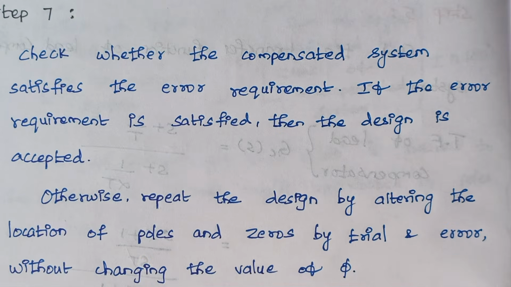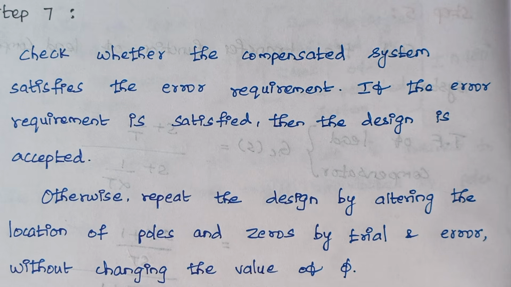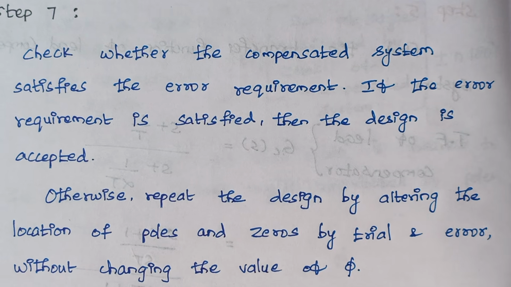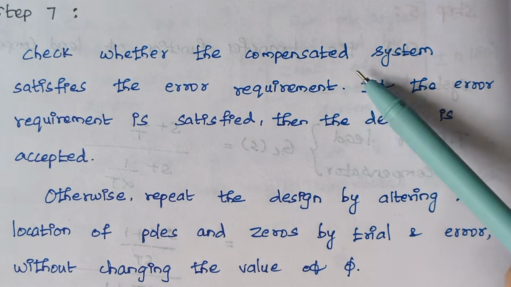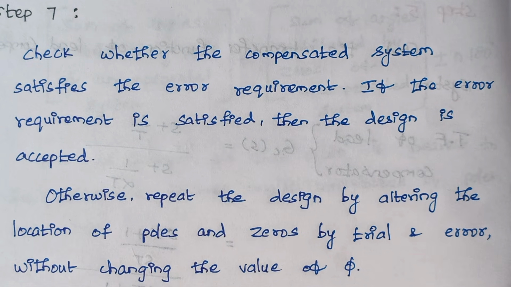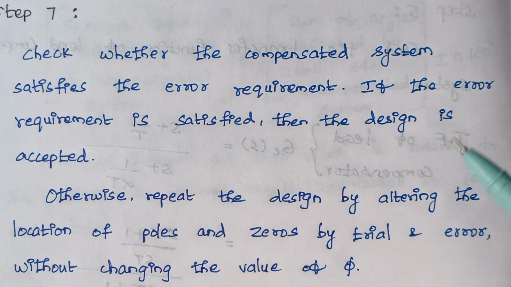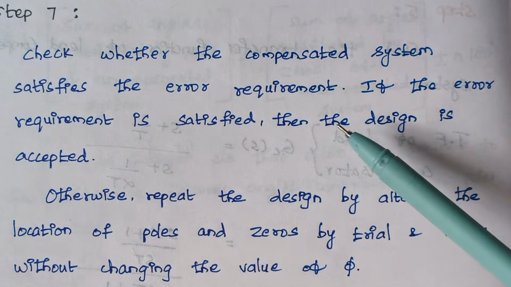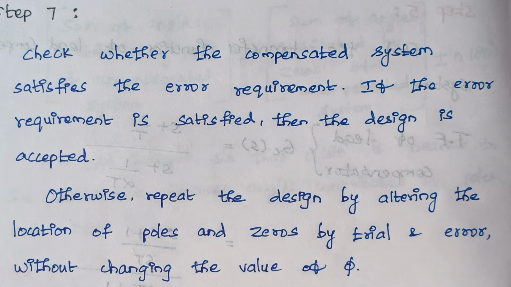After finding the value of K, the next step is to check whether the system satisfies the error requirement. This error requirement will be given in the problem. We have to check whether the compensated system meets the error requirement. If the error requirement is satisfied, then the design is accepted, and the compensator we designed is okay.